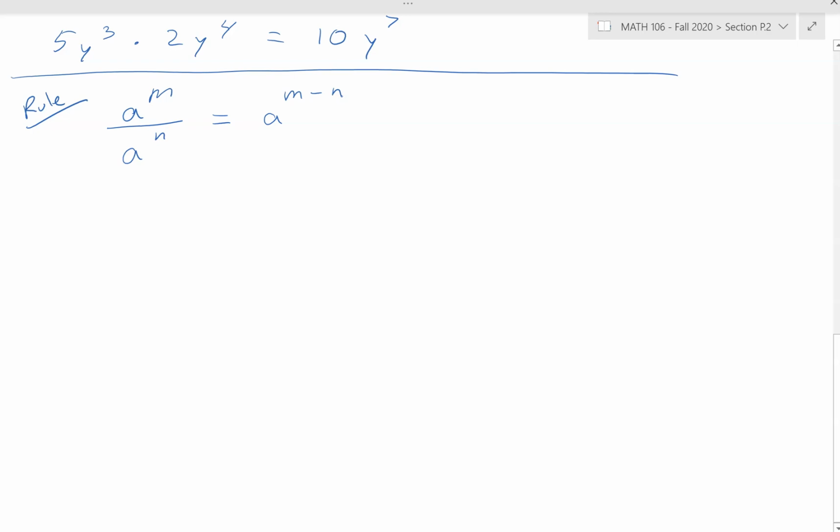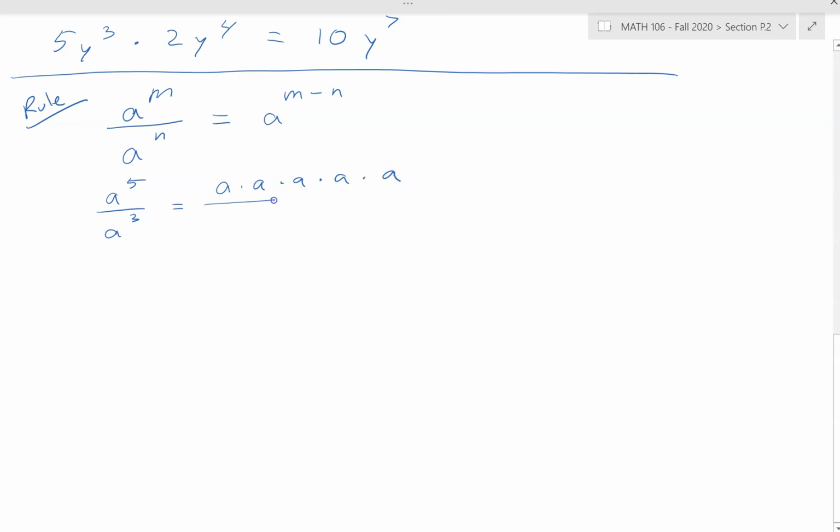Okay. So just to show you how that works, let's take something like a to the 5th over a cubed. Now I'm going to write all this out using the first definition I gave you today. So a to the 5th is really just a times a times a times a times a.